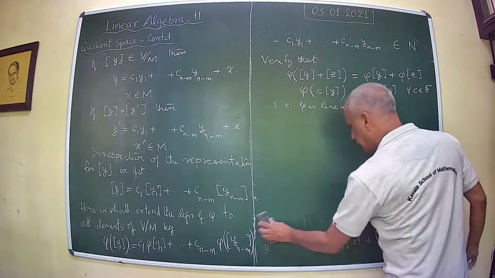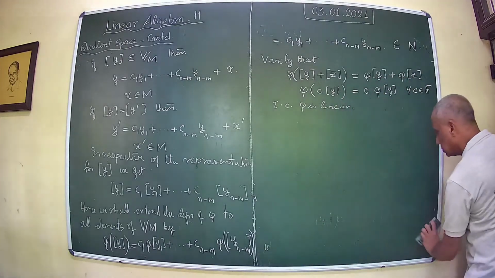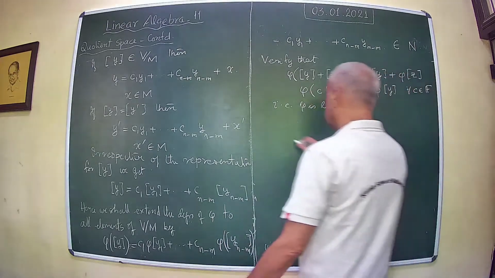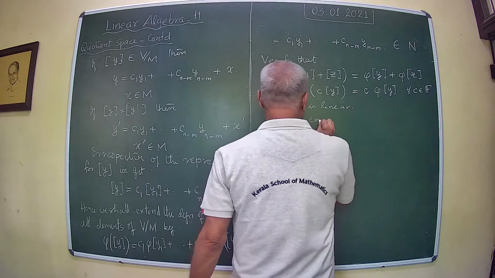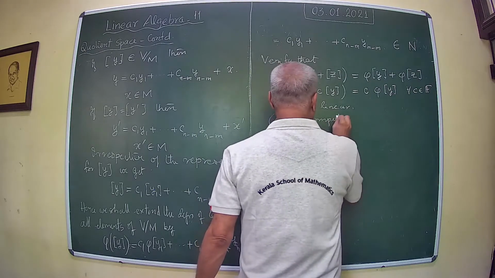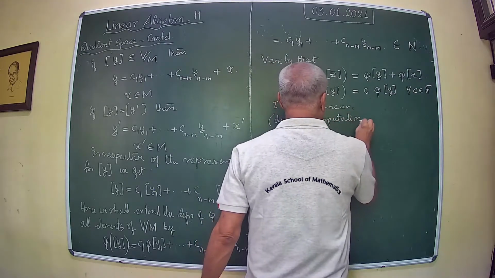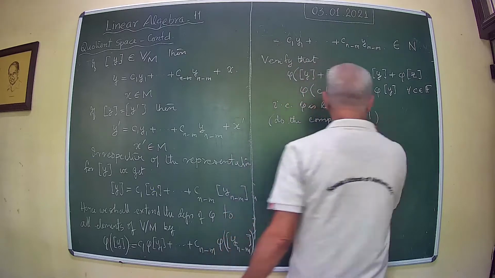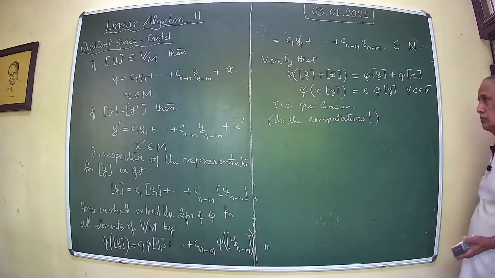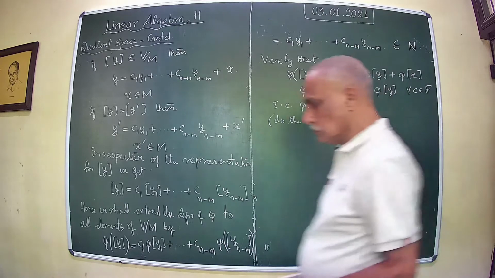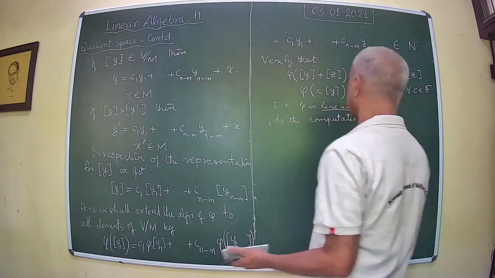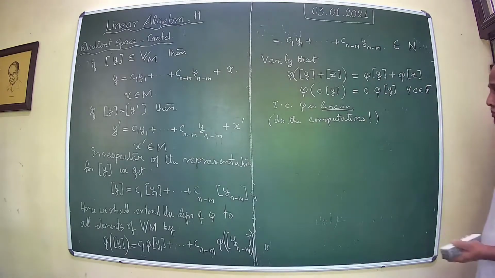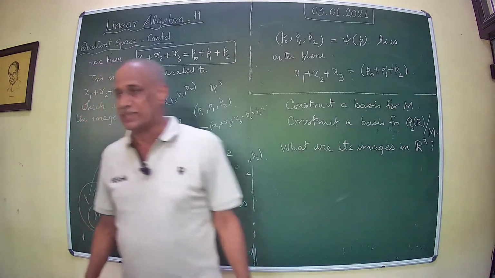So I leave the computation here. So phi is linear. Okay. Once again, thank you very much.